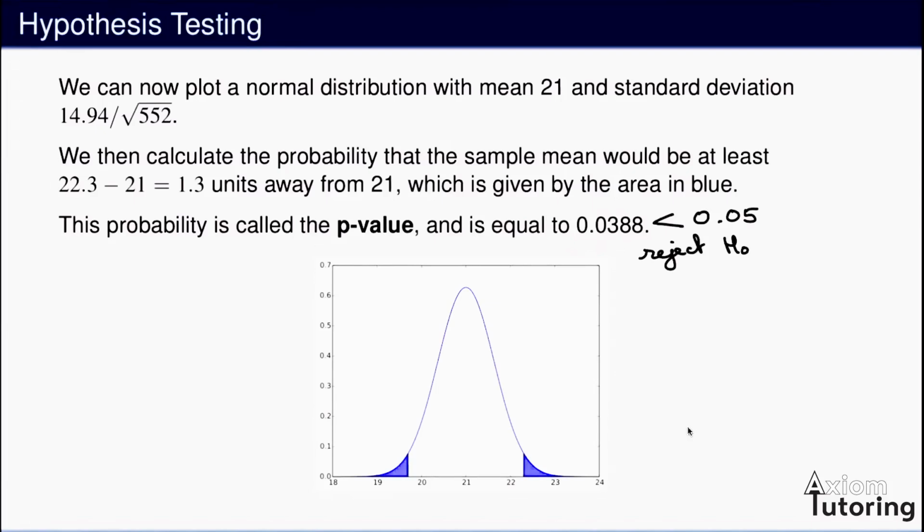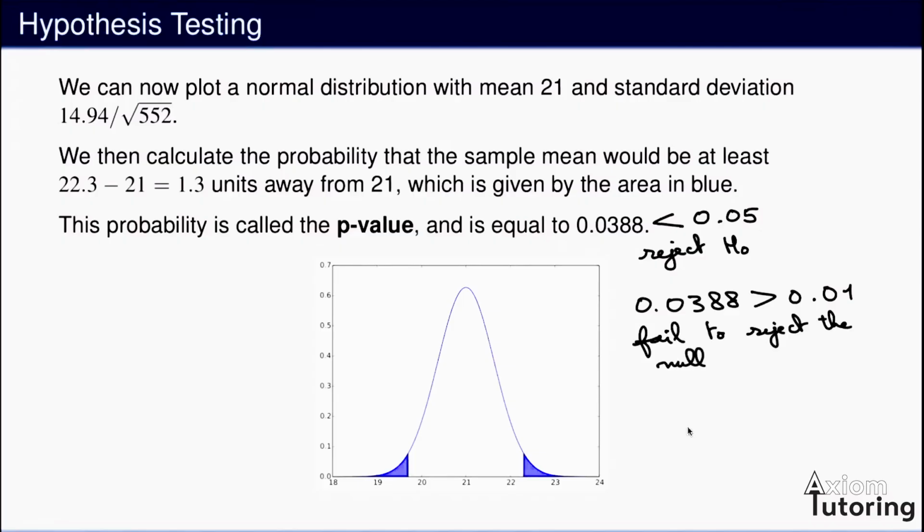But now, let's say that instead of 0.05, we took 1% as our significance level. Well, here we can see that 0.0388 is actually greater than 0.01. So in this case, we would fail to reject the null, okay?